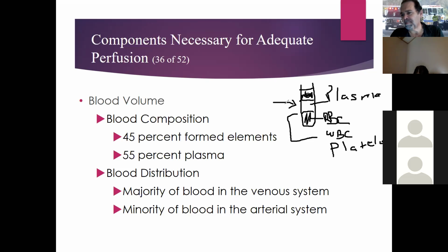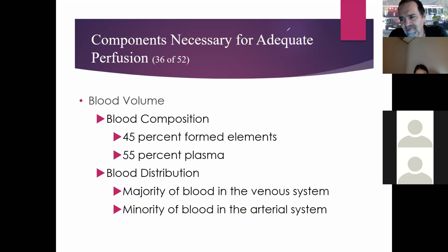You never seen that picture, guys? In your textbooks, even biology, anatomy? It's in most books, and that's what it means once you separate them. Now, blood distribution: the majority of the blood is in the venous system, and the minority of the blood is in the arterial system.